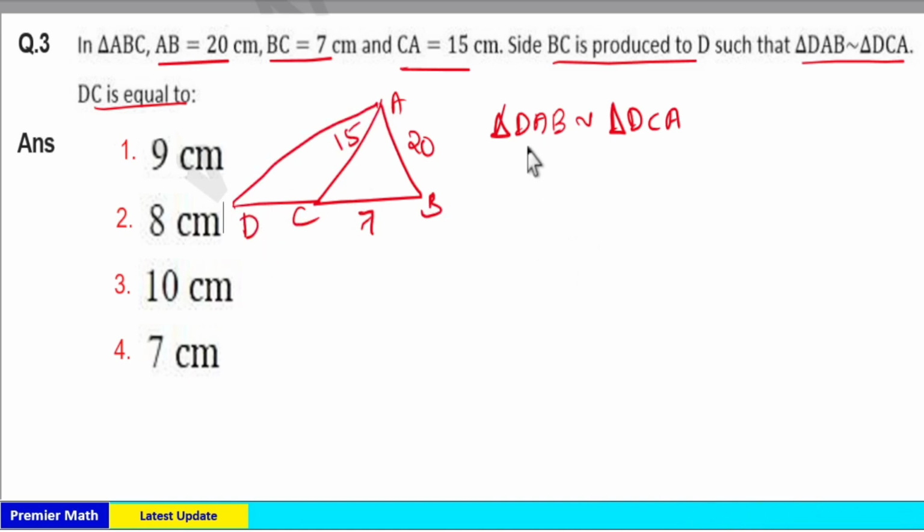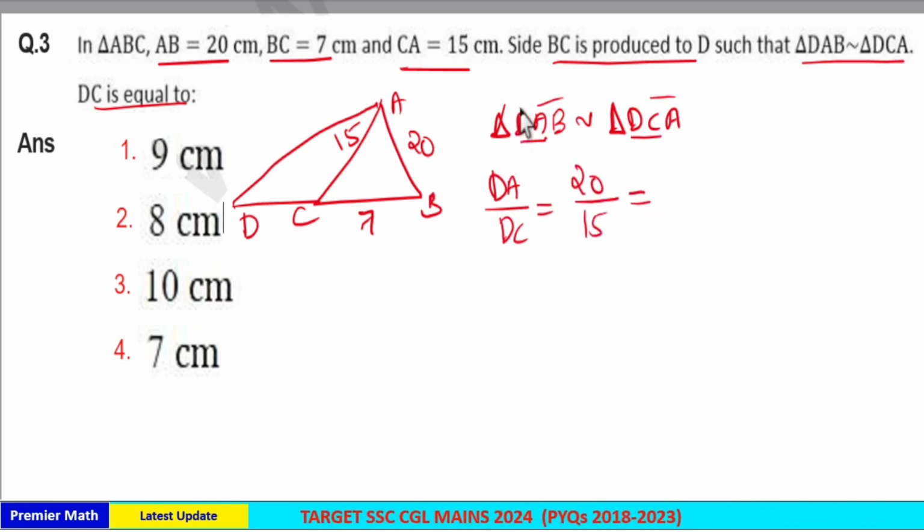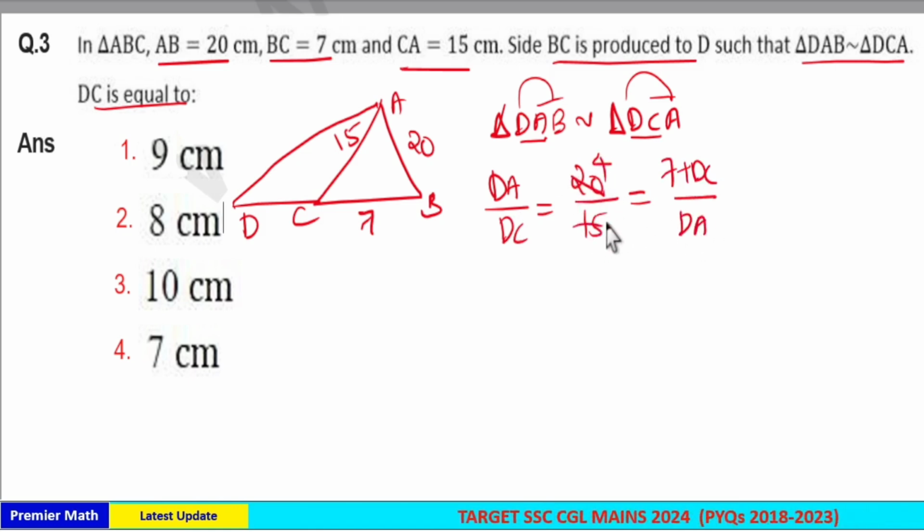For similar triangles, the ratio of corresponding sides are equal. That is, DA by DC is equal to AB by CA. Here AB is 20 and CA is 15. Now this is in the same ratio as DB by DA. Here DB is equal to 7 plus DC. Now if you solve this, 5 goes 4 times in 20, 3 times in 15.